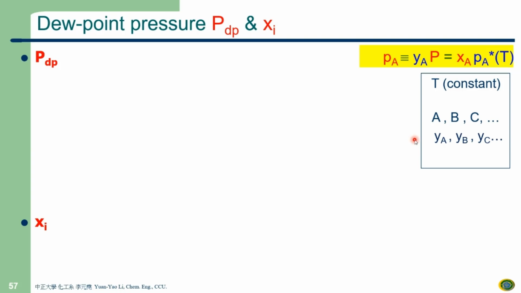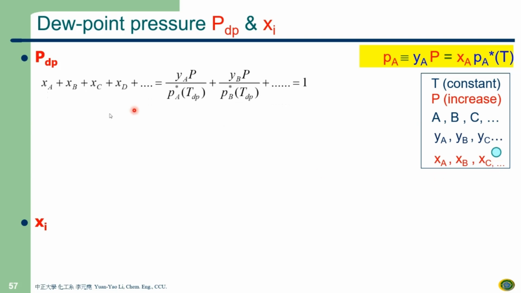Increase the temperature, or increase the pressure, or decrease the pressure? Increase the pressure, right? So you'll get the droplet coming out. The first droplet, and again, you want to find the dew point pressure here, and you want to find the molar fraction of this droplet.